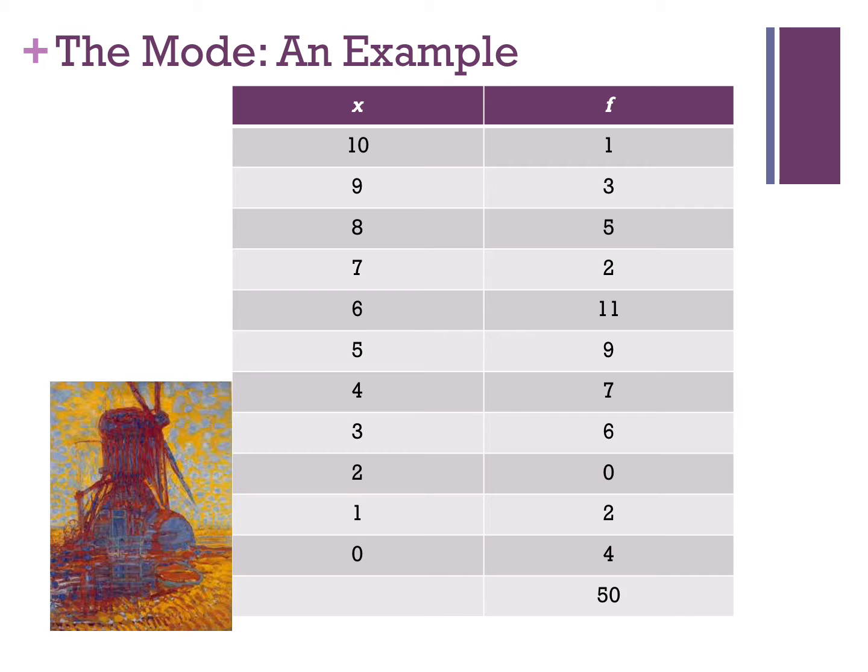The frequency of a score of 9 is 3 people. Frequency of a score of 8 is 5 people, and so on, down to the frequency of a score of 0 is 4 people. 6 is the score with the highest frequency of 11. There are 11 people who received a score of 6, so 6 is the mode, or the modal score for the data set.